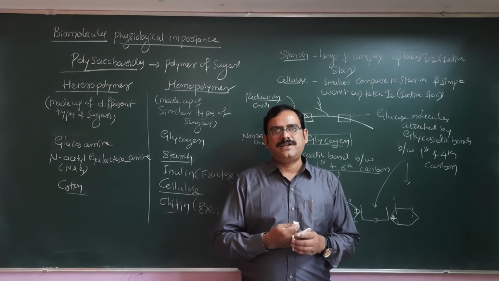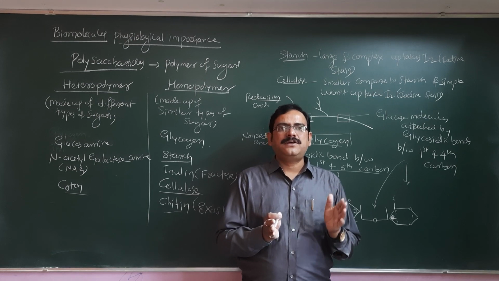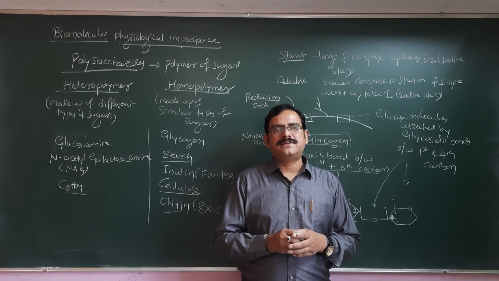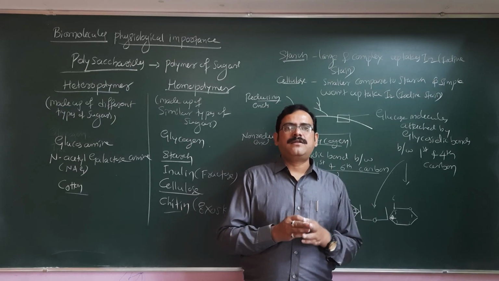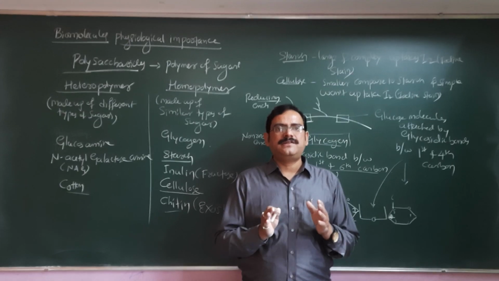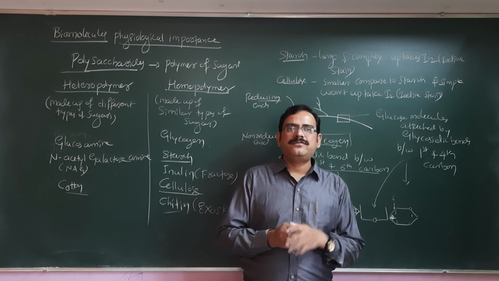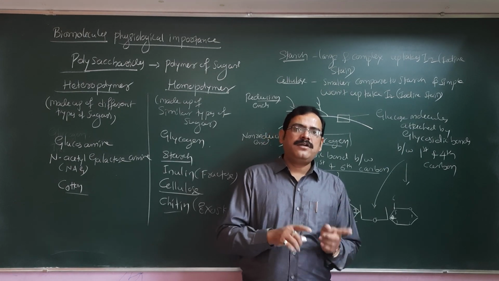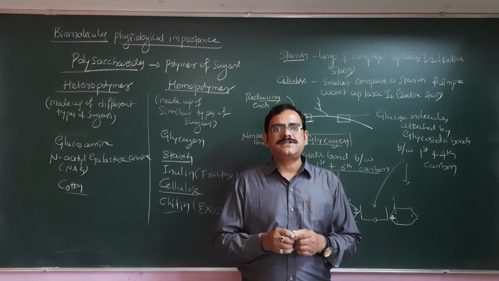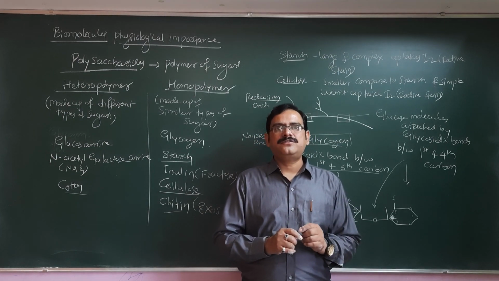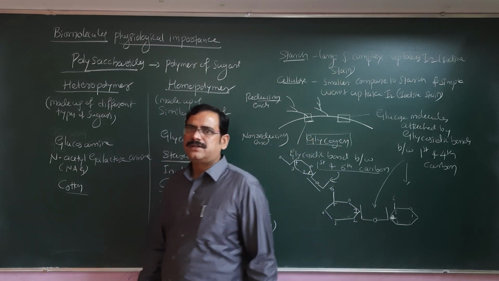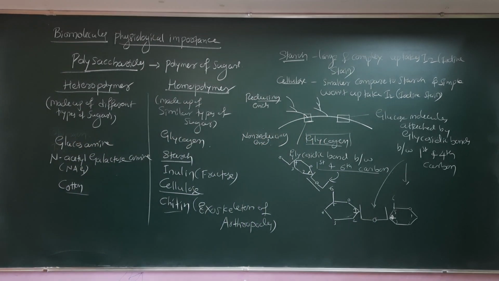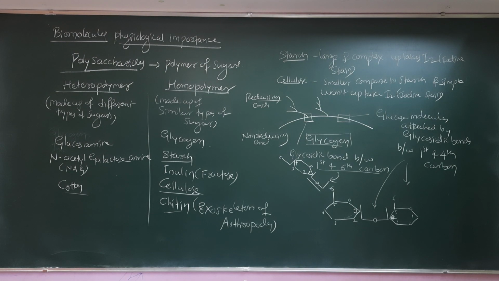How does glucose attach to glucose by the glycosidic bond? The first and fourth carbon in adjacent sugars, mainly in the non-reducing chain, and from non-reducing to reducing chain, the sixth carbon of the non-reducing sugar to the first carbon of the reducing sugar. You need to know all these, otherwise it will be very difficult.